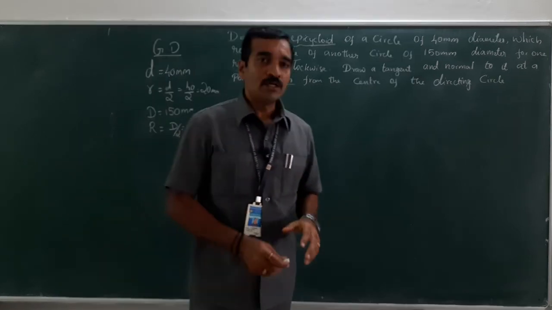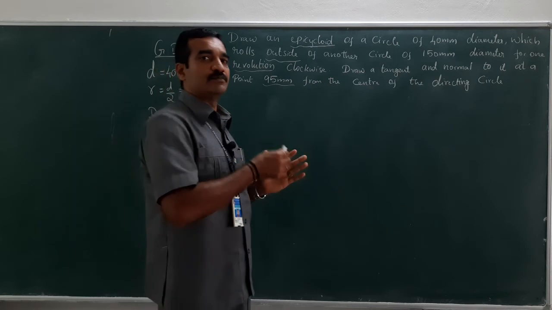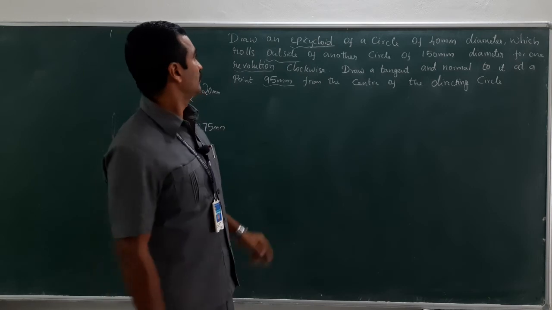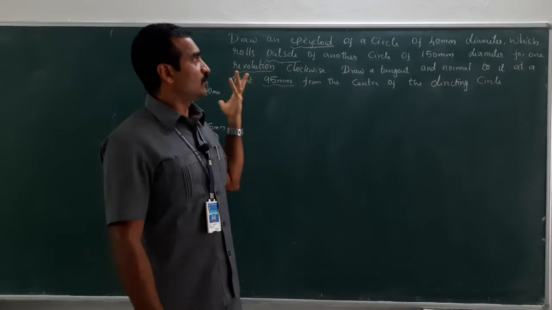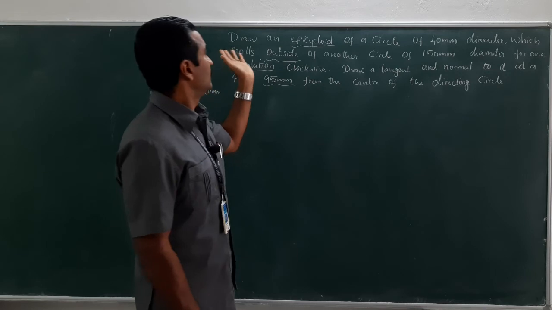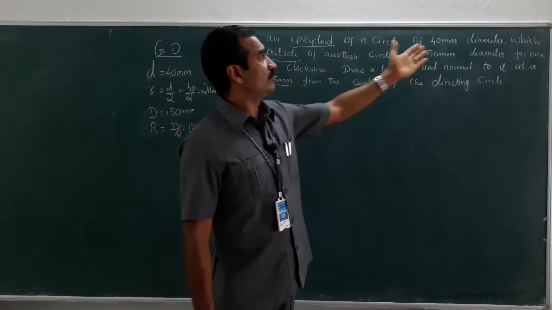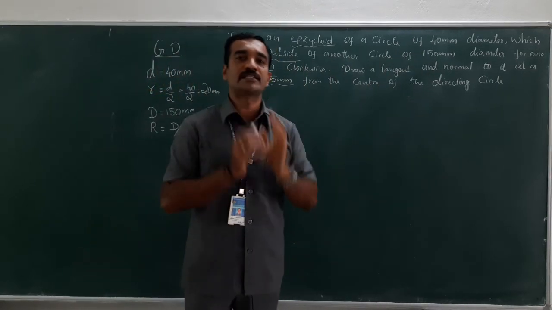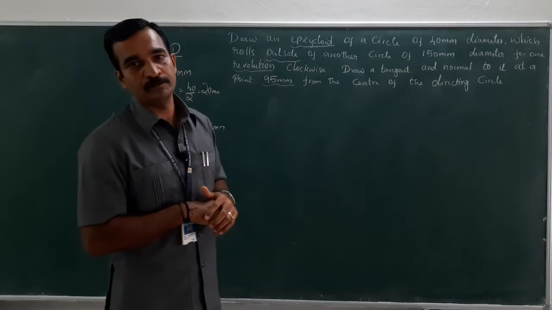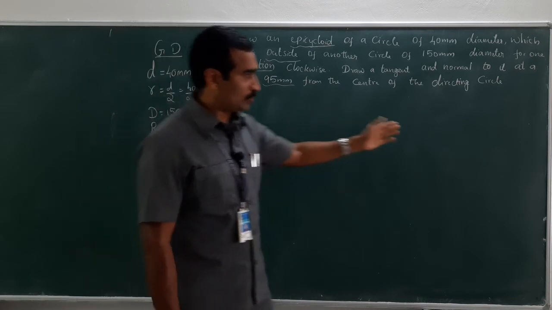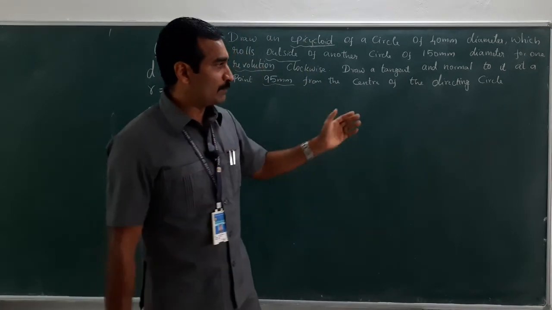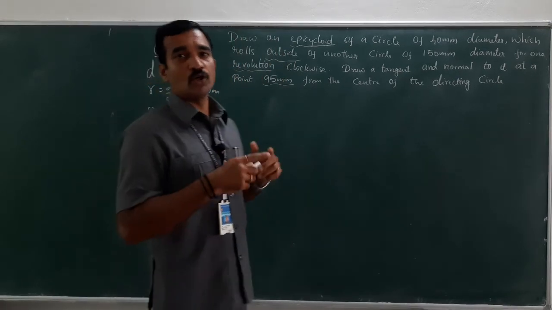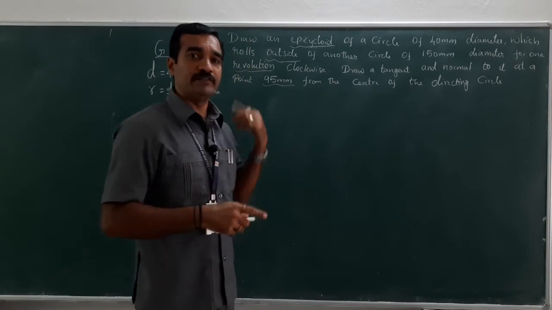Fine. So, how do we identify whether this curve pertains to an epicycloid or not? Suppose the word epicycloid is not there, and it is mentioned: draw a curve of a circle 40 mm diameter which rolls outside of another circle of 150 mm diameter for one complete revolution. How would you find it? As I showed you in the sample diagram of the epicycloid, the rolling circle rolls over, outside of the other circle.